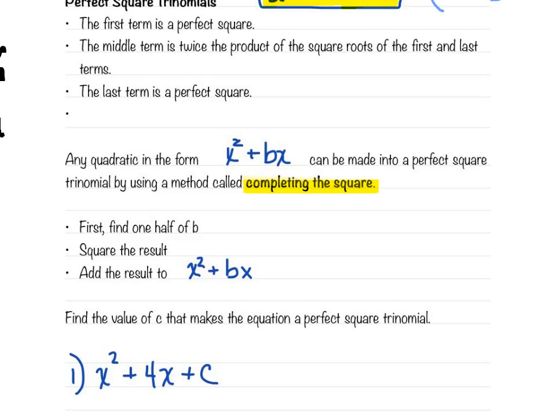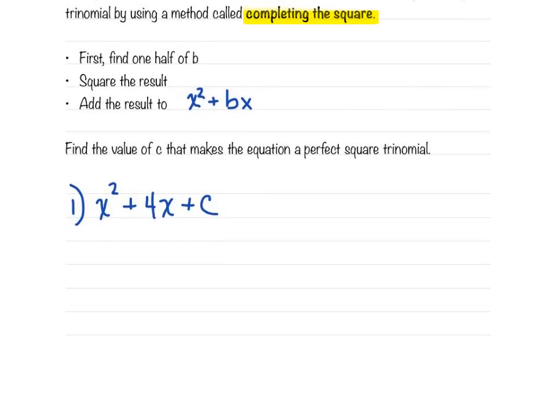Let's practice this skill. Find the value of c that makes this equation a perfect square trinomial. Number 1, write it down: x squared plus 4x plus c. So first I need to find 1/2 of b. As you can see, b is positive 4, so half of 4 is 2.